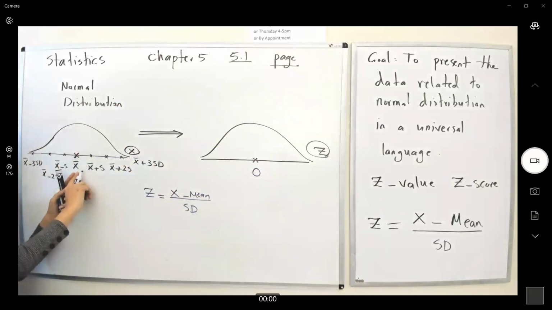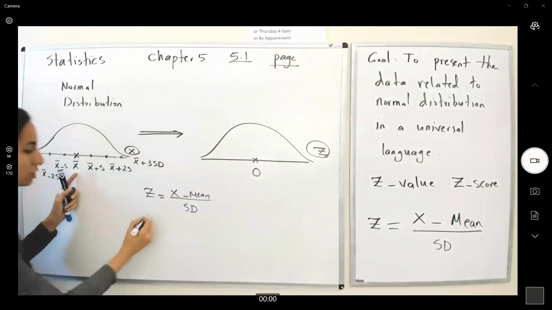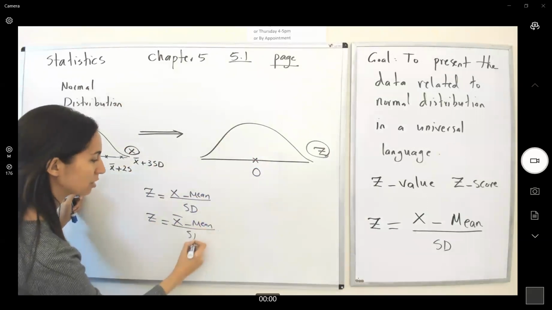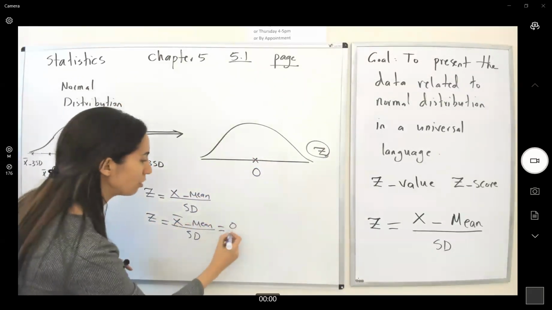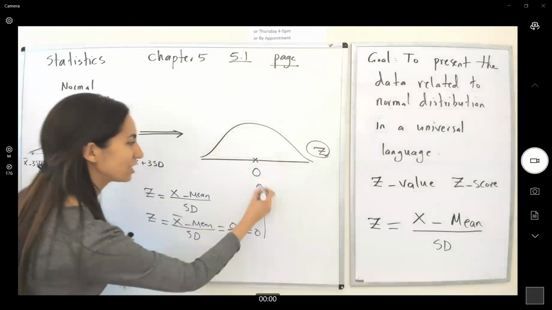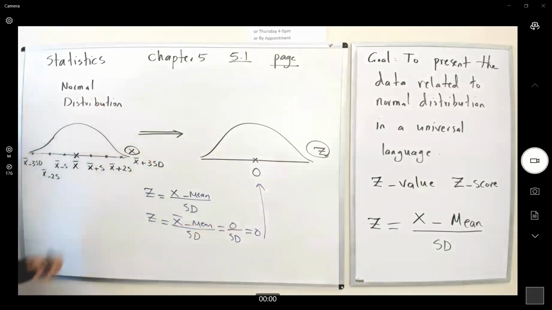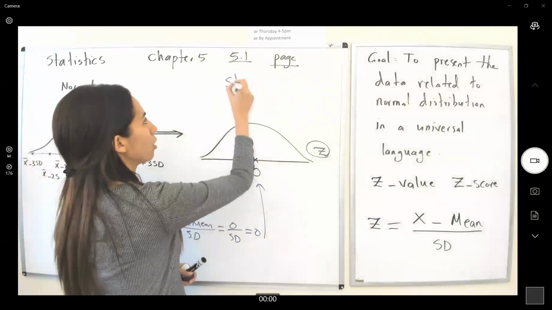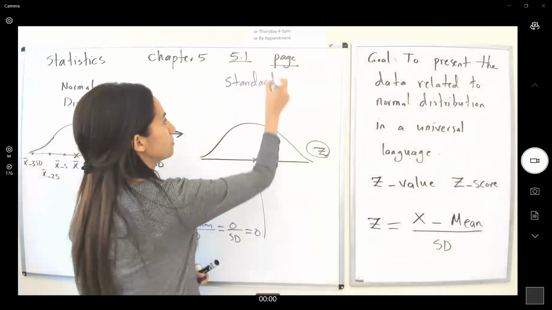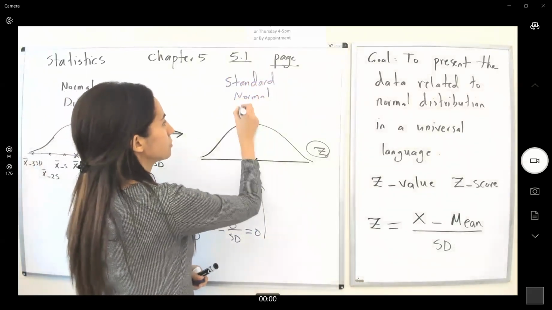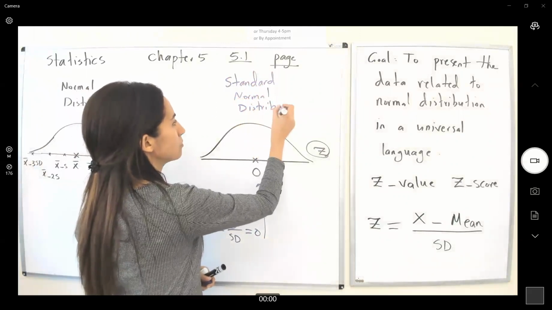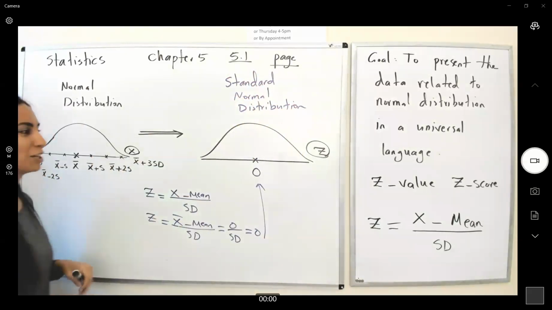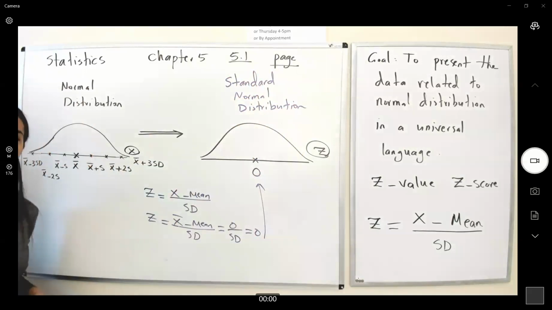Here you have your x equals to x bar. So z is going to be x bar minus mean divided by standard deviation. Mean minus mean, 0 divided by standard deviation, which is 0. That's how we get 0. It's a normal distribution, and here you get standard normal distribution. So the mean was x bar, your mean is now 0.